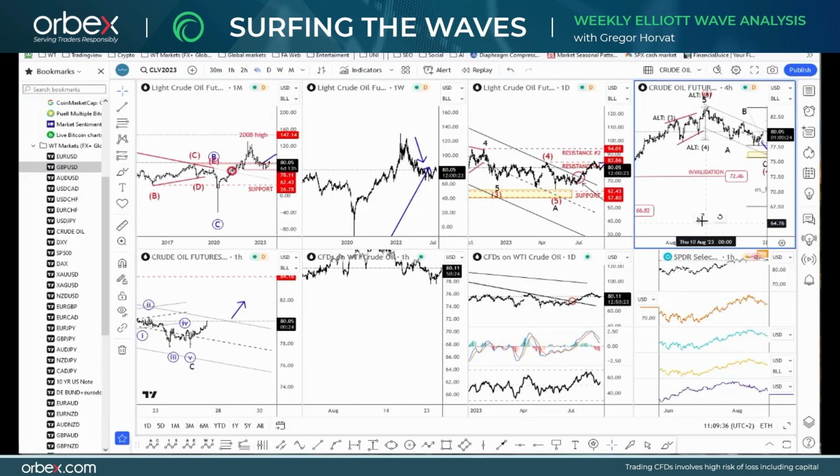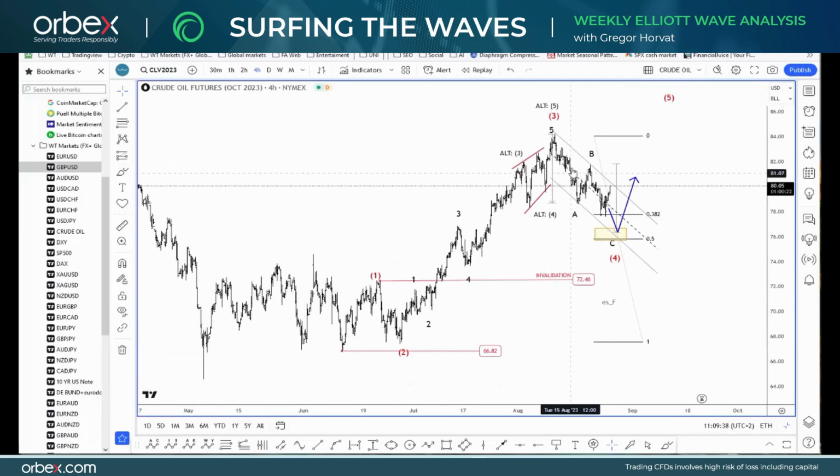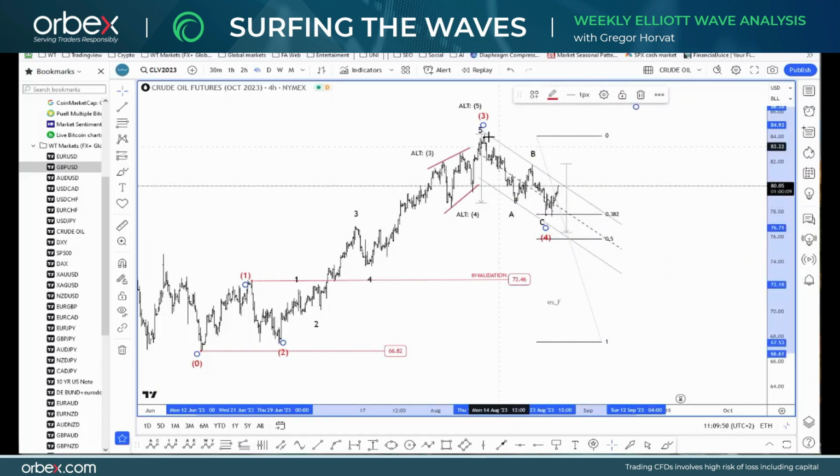Now finally, crude oil and dollar CAD. Crude oil has seen a very nice pullback here in 3 waves, possibly already finished. Notice that we touched the 38.2%, and now we are recovering quite aggressively, approaching this upper trend line.